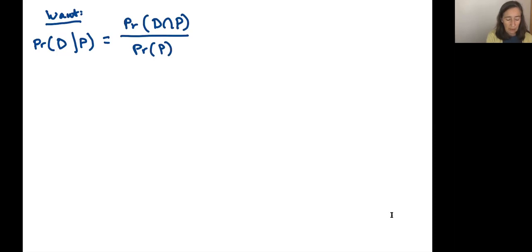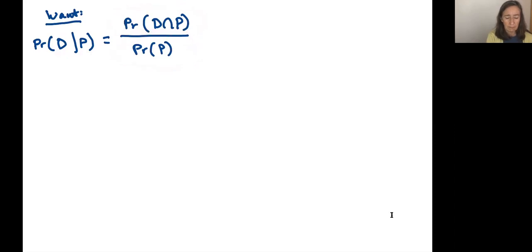If we're looking at the probability that I have the disease conditional on the positive test, it's the joint probability divided by the probability of the conditioning event, just like it always is. And I've got all that information where we are conditioning not on P, but on D, and that can actually help me here with the numerator.